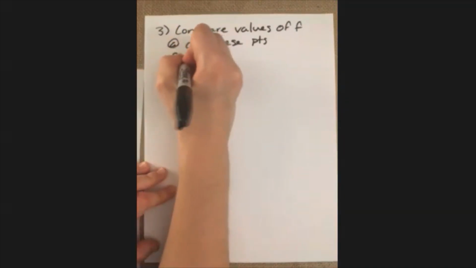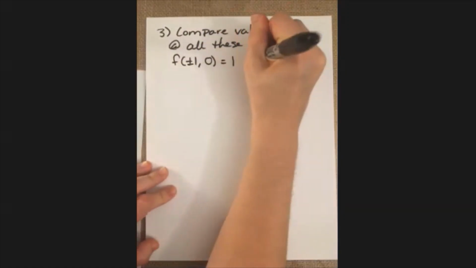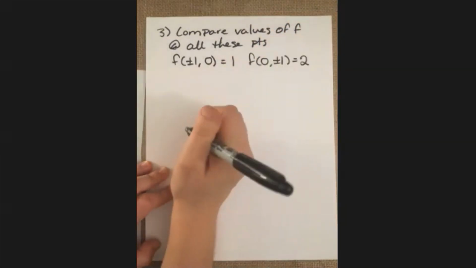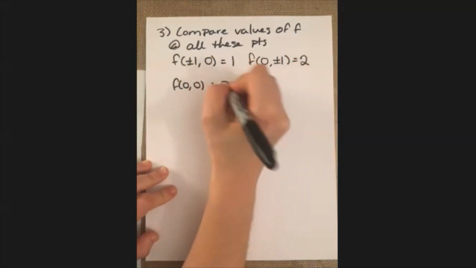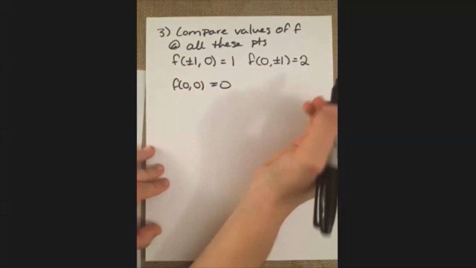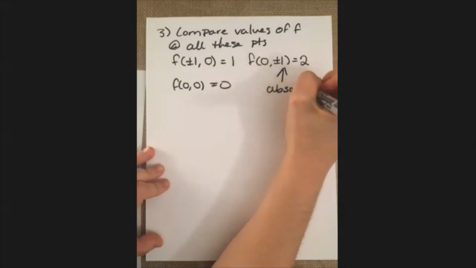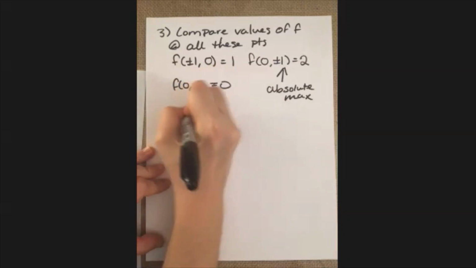Earlier we said that f at plus or minus 1, 0 was equal to 1. f at 0, plus or minus 1 was equal to 2. And f at 0, 0, well, that's going to just be 0. Okay, so this guy is our absolute max. And this is our absolute minimum.